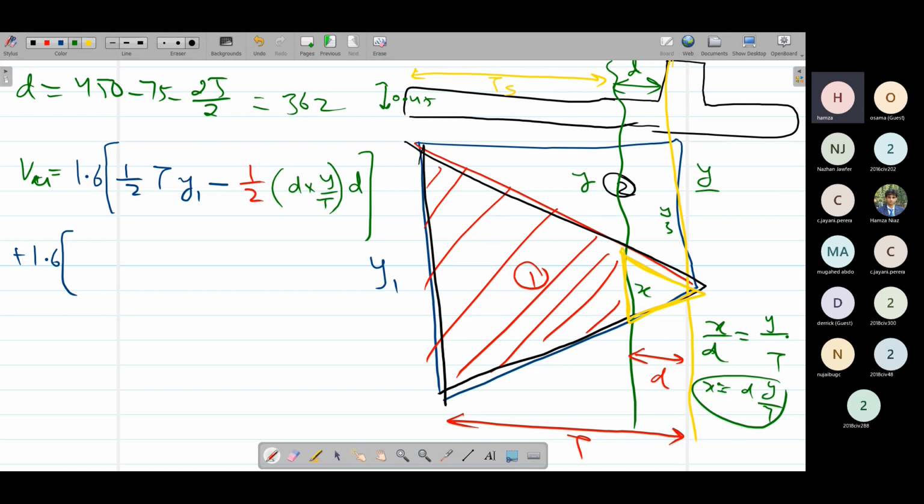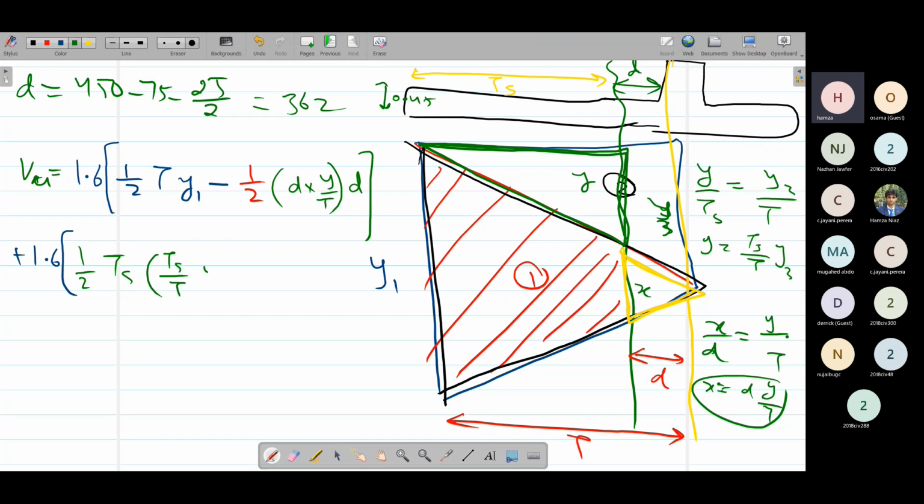Y over its base, the base of this y is this green triangle. Y over ts is equal to y3 over total base t. So the y would be ts over t into y3. So for this smaller triangle, our area is simply half into base ts into height, which is ts over t into y3.